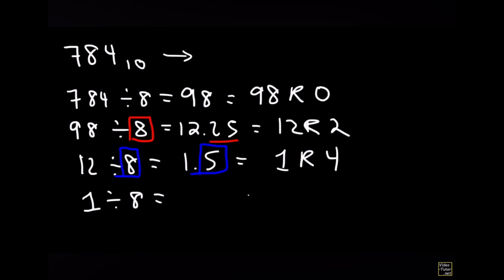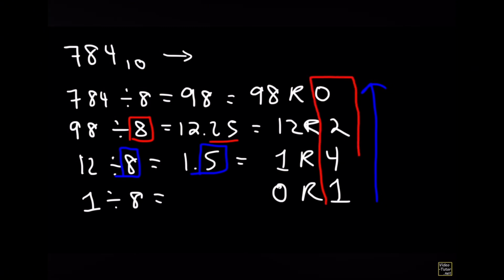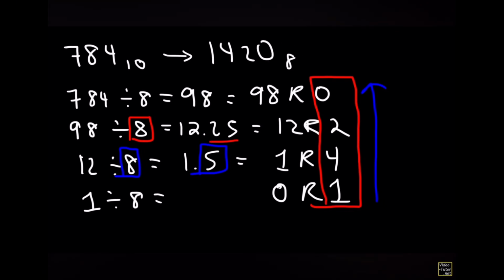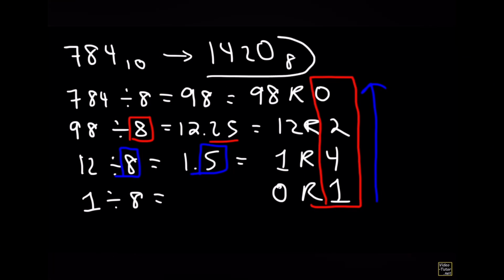Because 1 is less than 8, we can say that 8 goes into 1 0 times with a remainder of 1. Next, we're going to read it from the bottom to the top. So, we have a 1, a 4, a 2, and a 0. Therefore, 784 as a decimal is 1420 in the octal system.